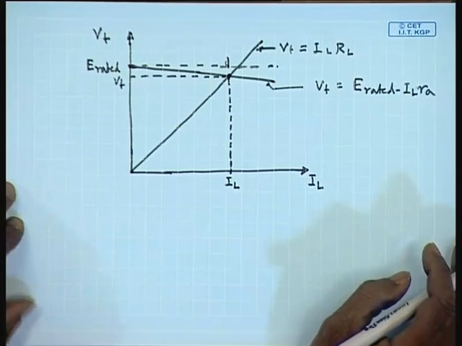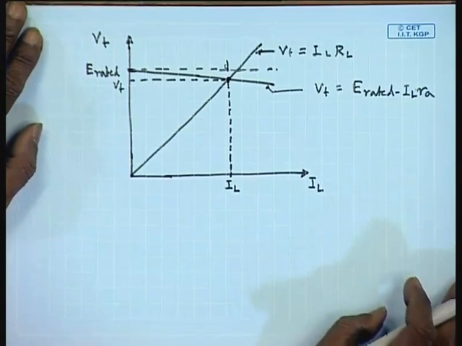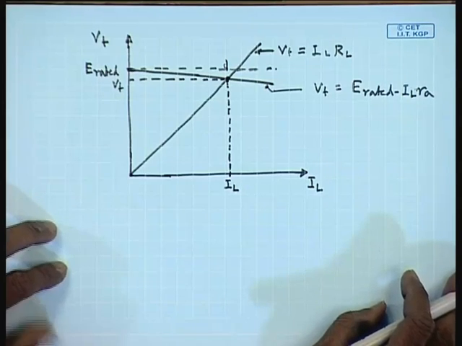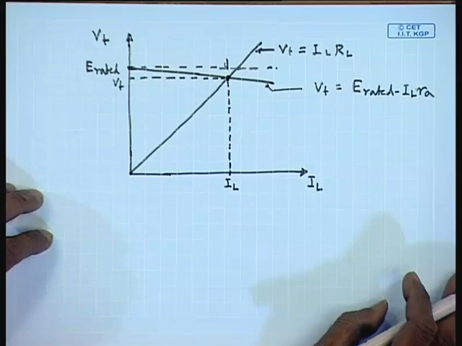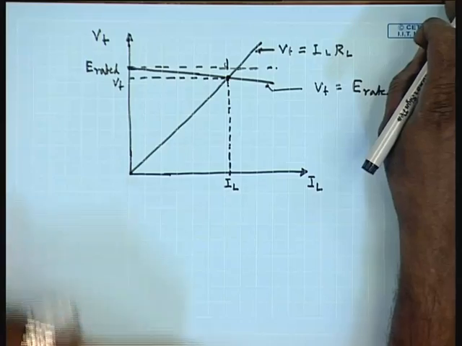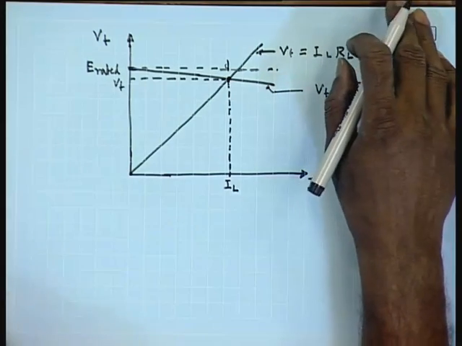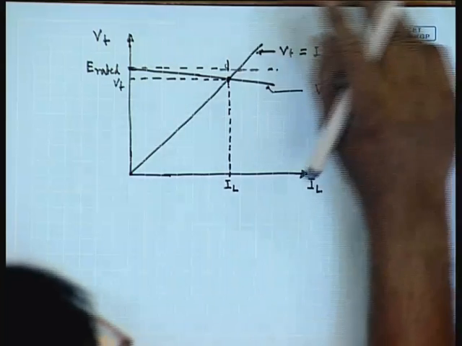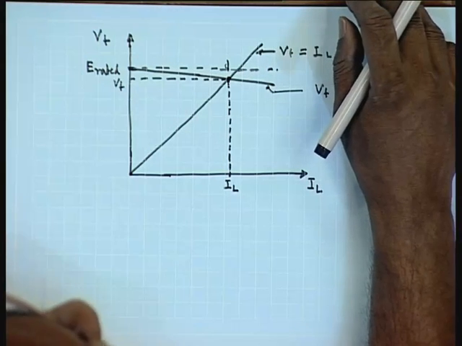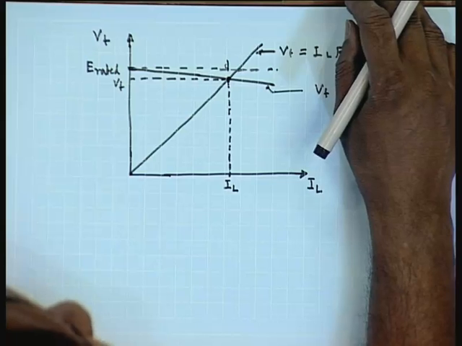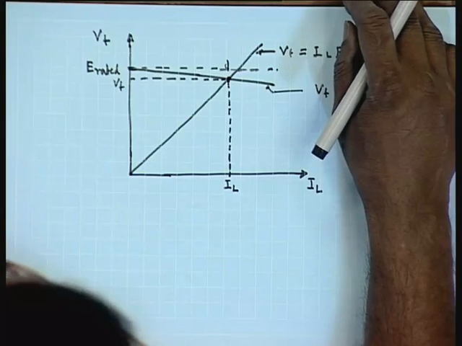However, this simple model neglects the effect of armature reaction. We have seen before that due to current flowing in the armature, the field flux is distorted: the field flux at one half of the pole tip increases and in the other half it decreases.